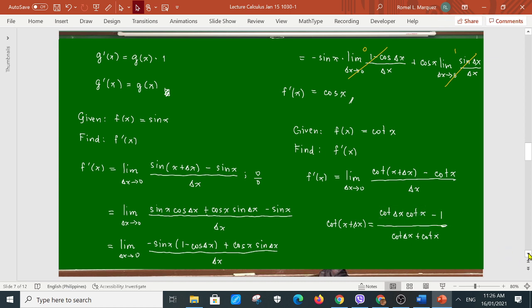So therefore, you can plug in here. We have f prime of x is equal to, what will I put in the numerator, guys? Okay, nakikinig ba?